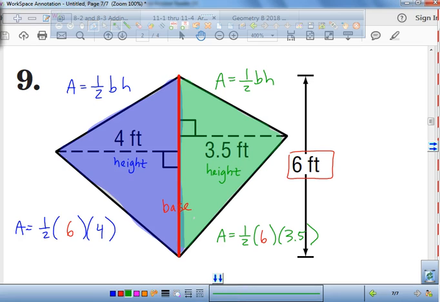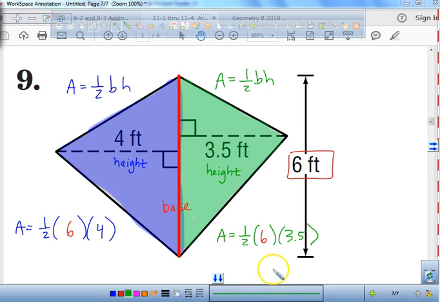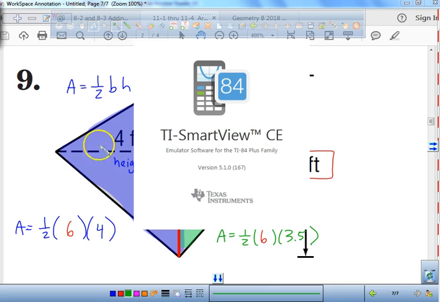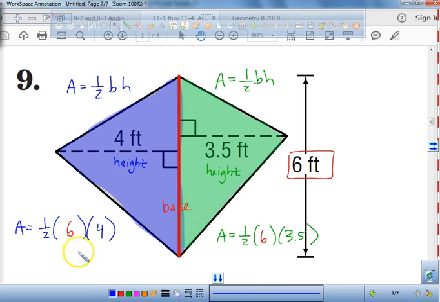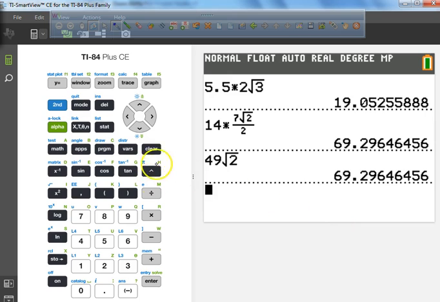So all you have to do is get your graphing calculator out. What's half of 6? Half of 6 is 3. 3 times 4 is 12, but this is going to be 12 feet squared. And then we have half of 6, which is 3. 3 times 3.5, I think that's 10.5.